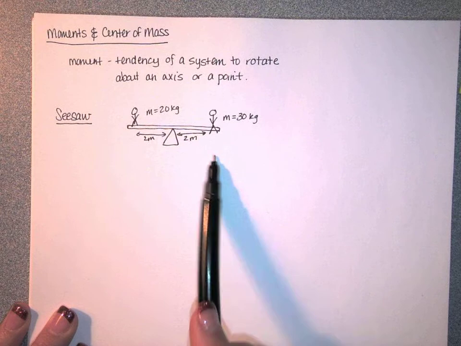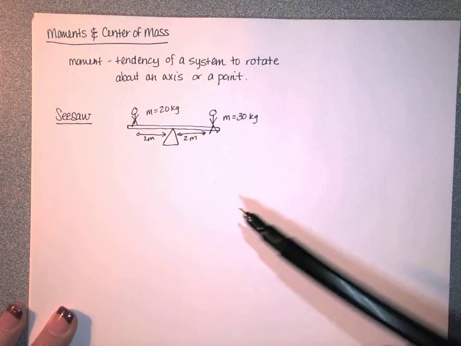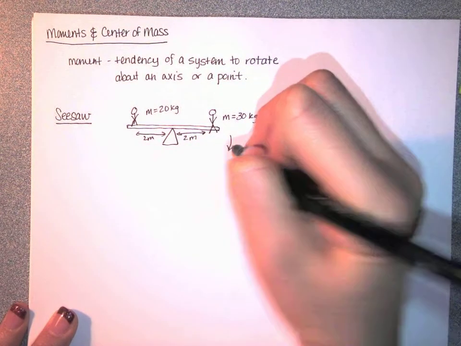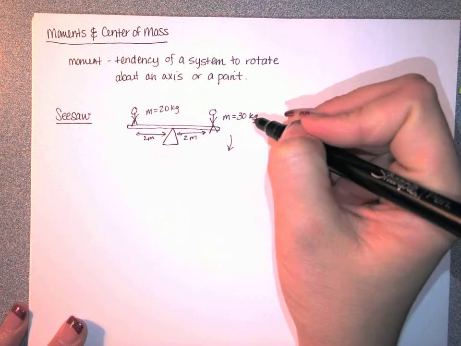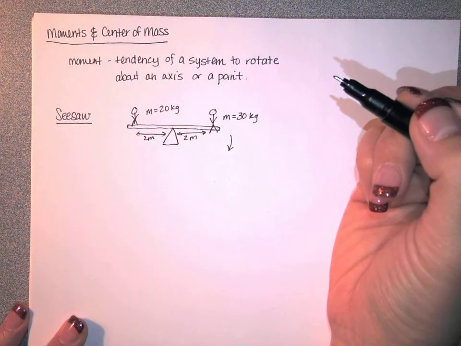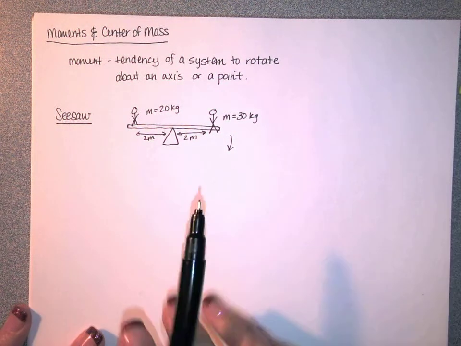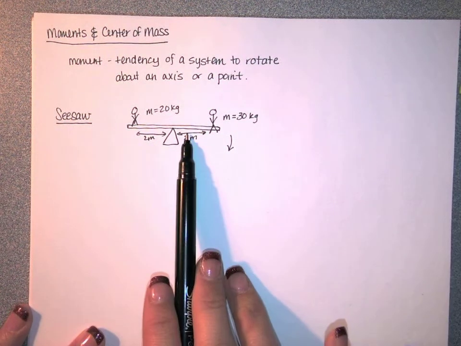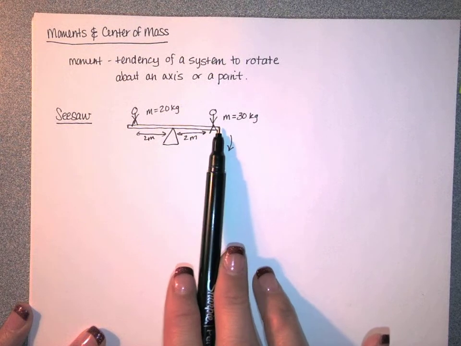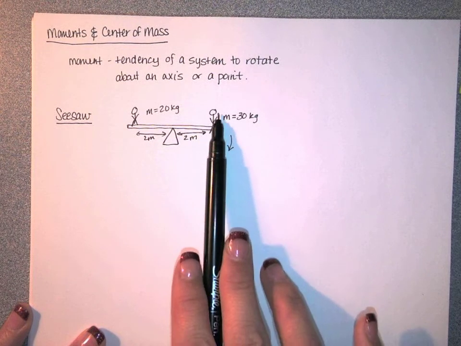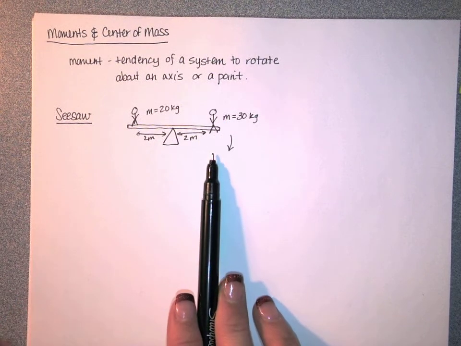Is it going to rotate this way or that way? You probably said this way, right? It's going to rotate down on this side because this child weighs more than that child. If they're at exactly the same distance from the center point, but this child weighs more, then we're going to have a tendency to rotate in this direction.